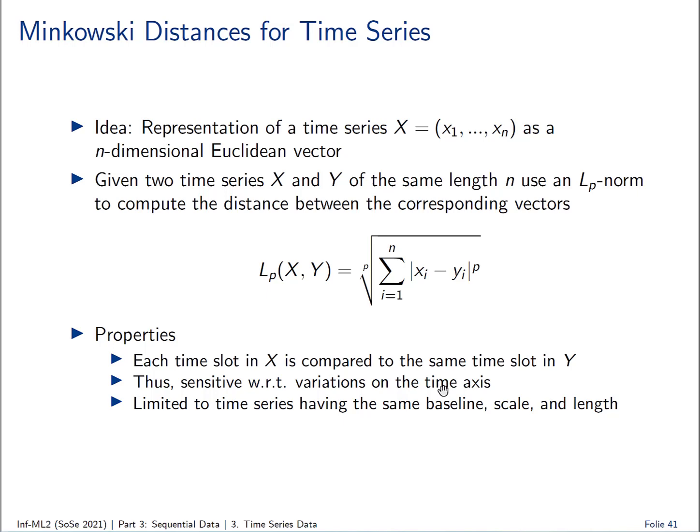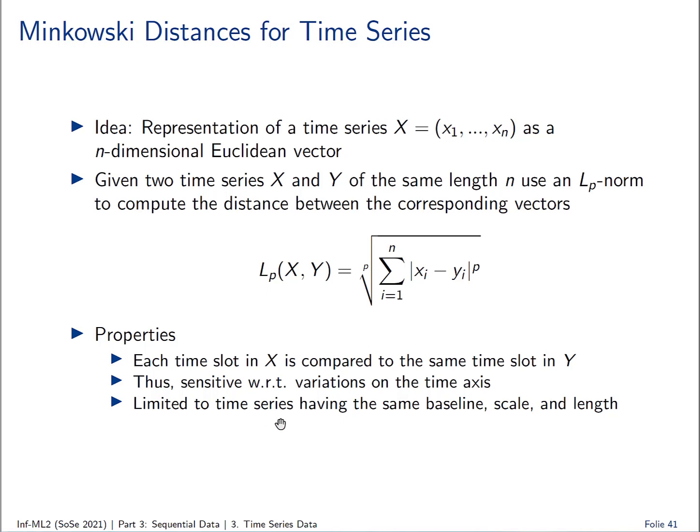We'll see some examples of that later. But if we have that, we cannot account for it, because we simply compare each time slot in X with exactly the same time slot in Y. So if you have any variations or distortions along the time axis, we have no chance to really take care of that.